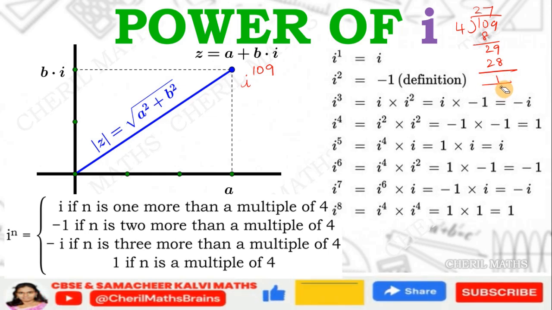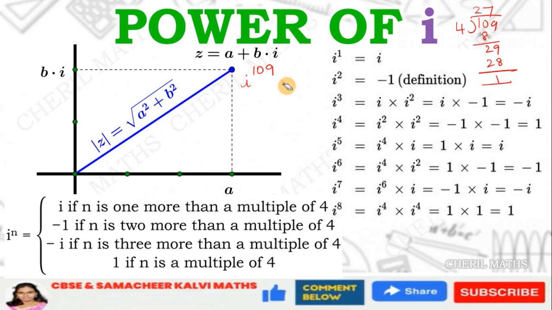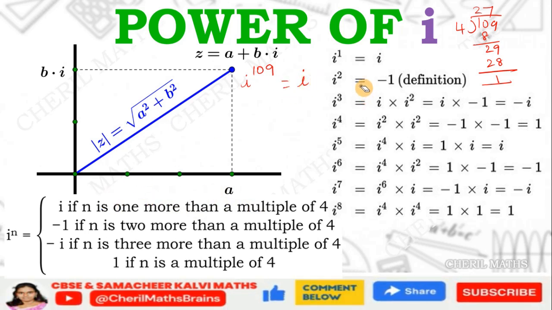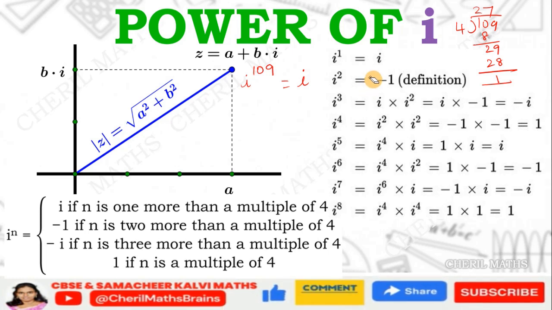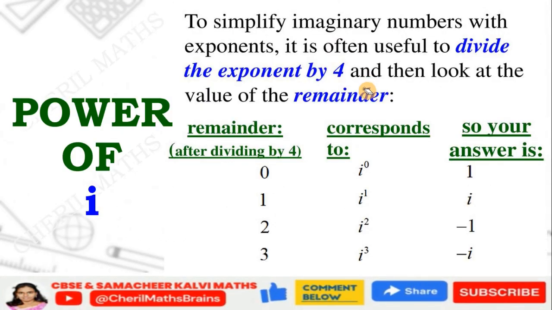So what will be our value? If it is 1 more than a multiple of 4, the value will be i. Is it clear, children? This is how we proceed with calculating the power of i.